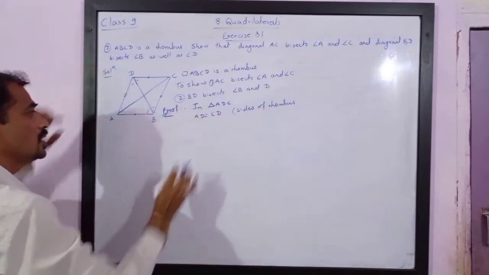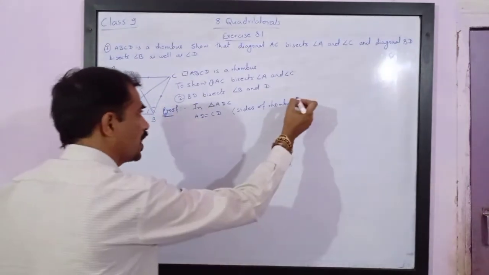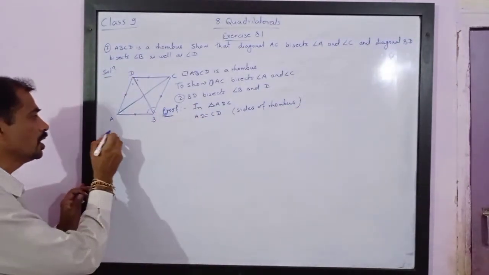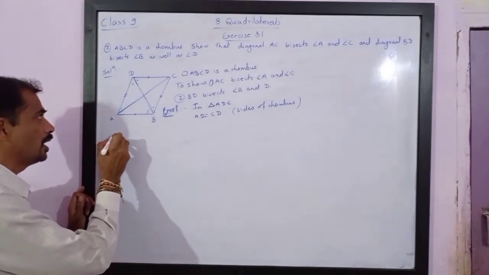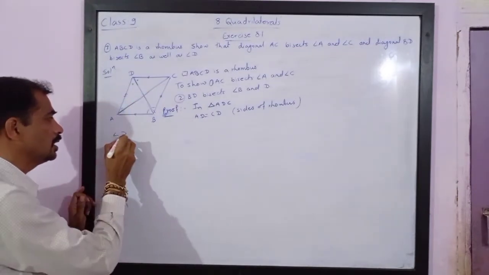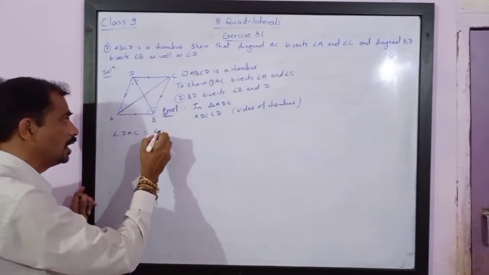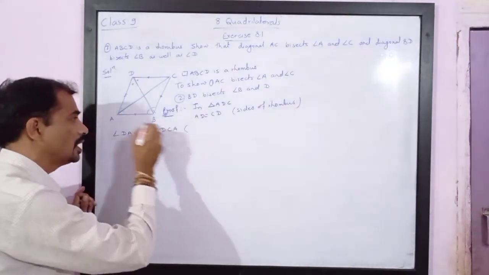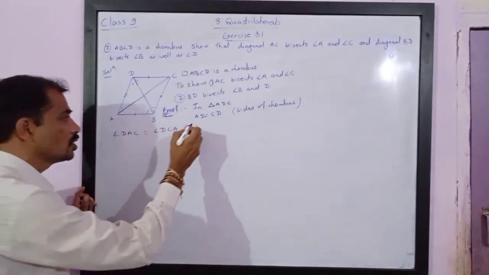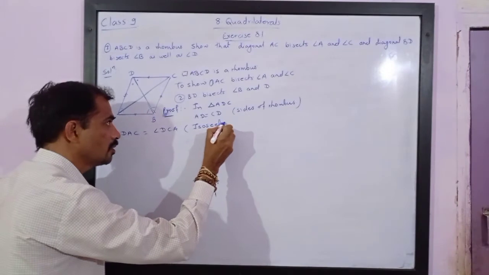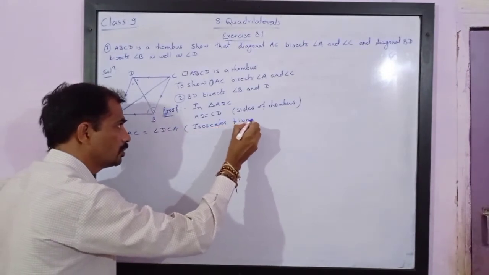Now, if two sides are equal, we know according to the isosceles triangle theorem, angles opposite to congruent sides are congruent. So angle DAC equals angle DCA. Reason is isosceles triangle theorem.